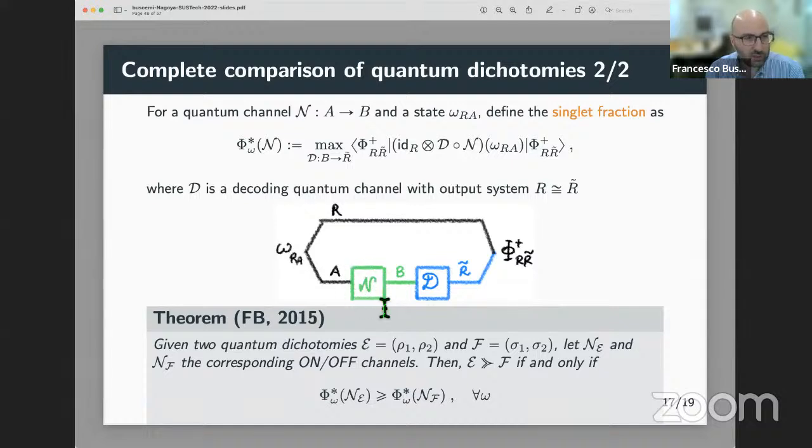Here you put the channel, this classical-quantum channel, and then there exists a post-processing of E into F if and only if the singlet fraction you get from E is always better than the singlet fraction you get from F for all possible omega. So essentially, the game now is defined by the initial mixed bipartite state. Okay, so this solves the problem of extended comparison, but it doesn't solve the problem of coherence.